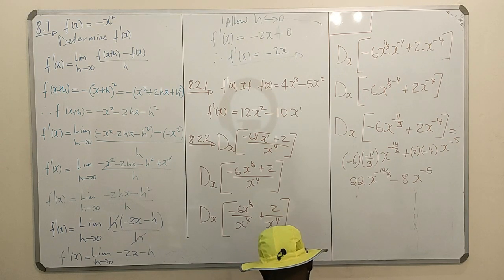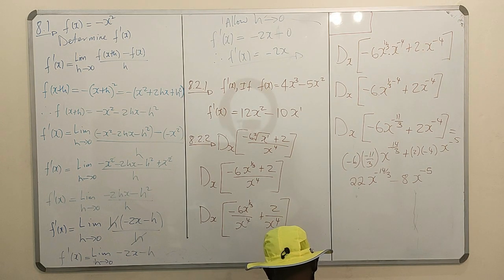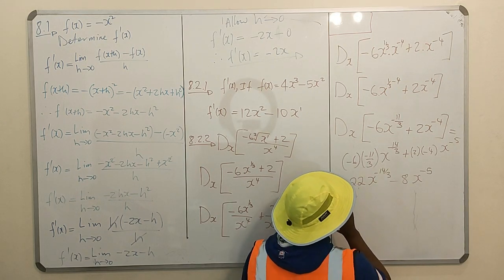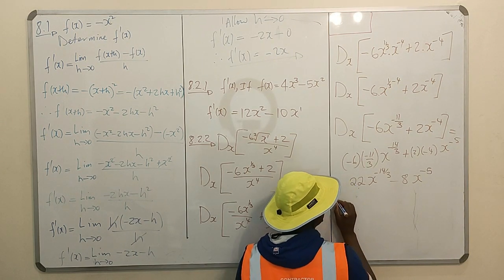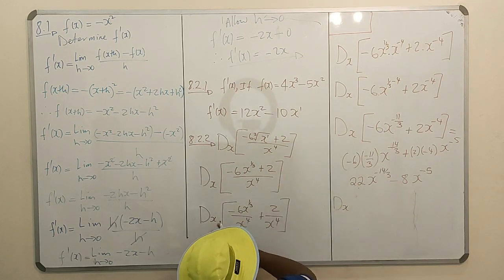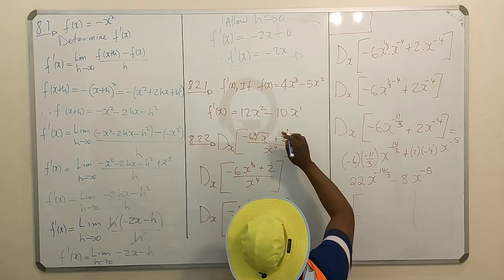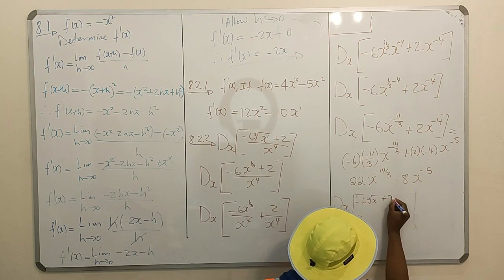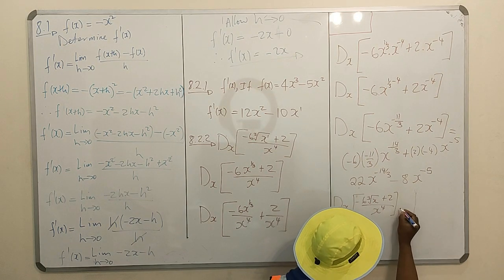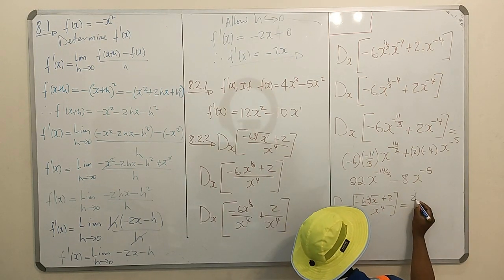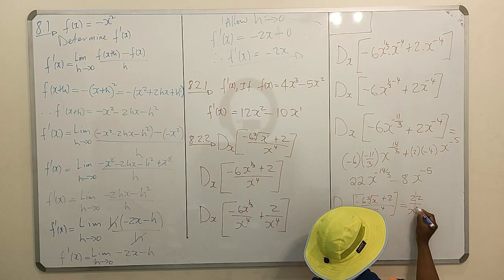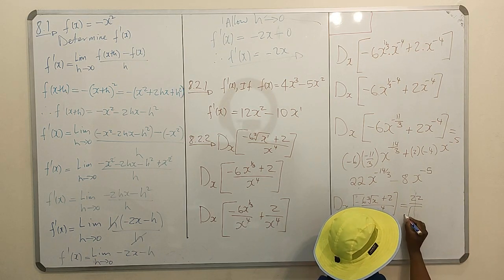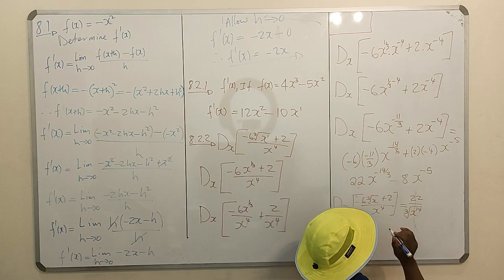Just to confirm. Okay, still good. Then the derivative with respect to x of our friend, the original, this negative 6 cube root of x plus 2 all over x to the power 4, is equal to 22 over x times the cube root of x raised 14, right?